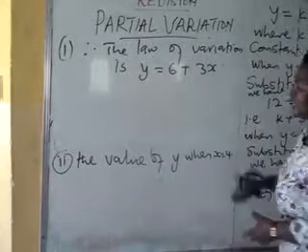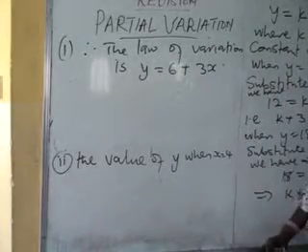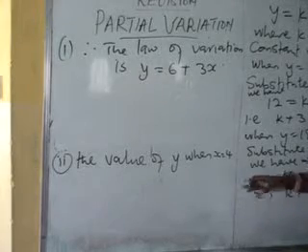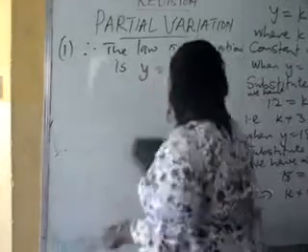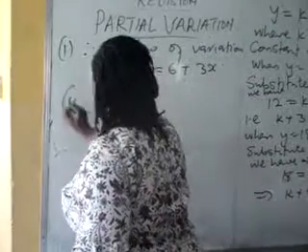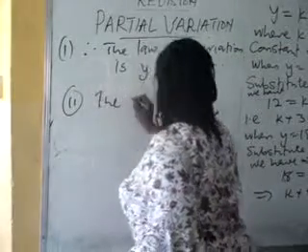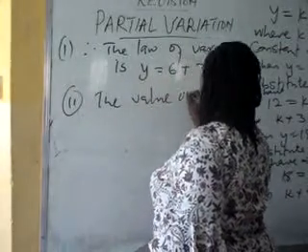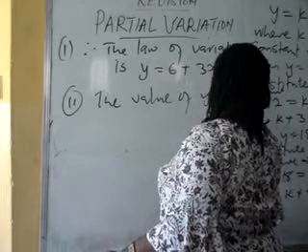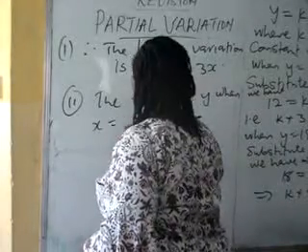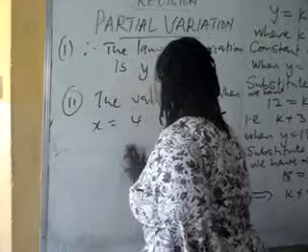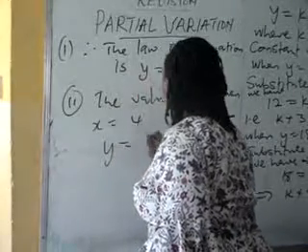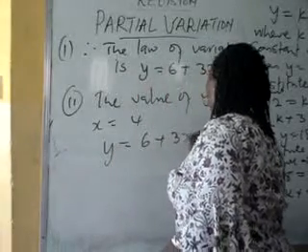Now the next question, Roman figure 2, says the value of y when x equals 4. We have to find the second one now. We need to substitute. Write the law down, which says y equals 6 plus 3x.